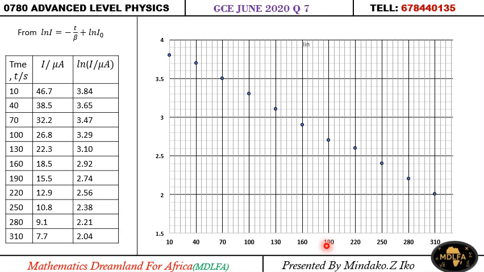You notice that the values for the ln I axis range from 1.5 right up to 4, but on our table we have from 2 right up to 3.84.